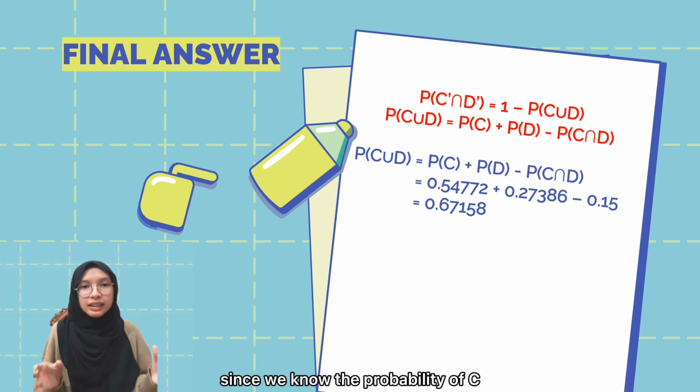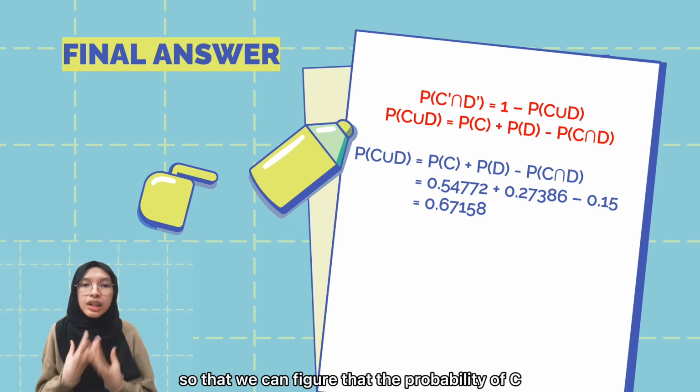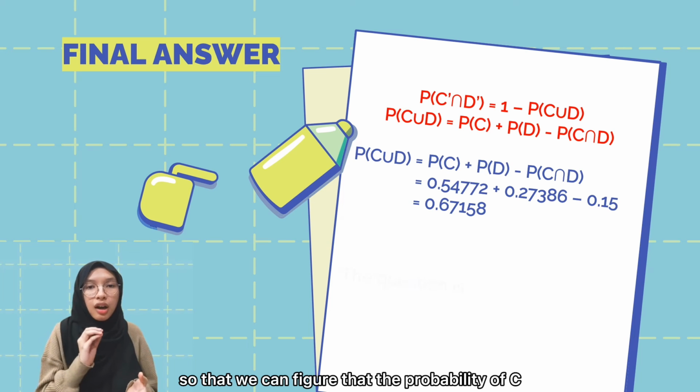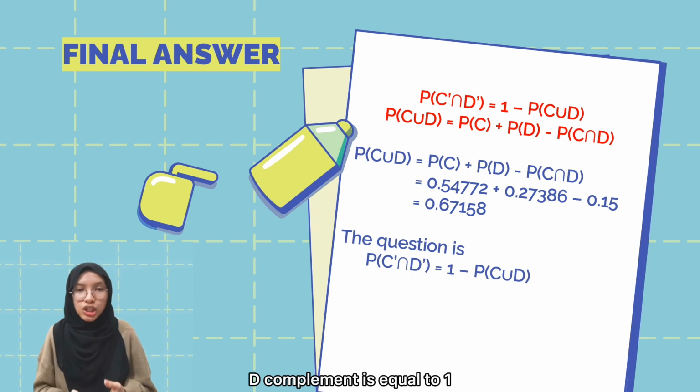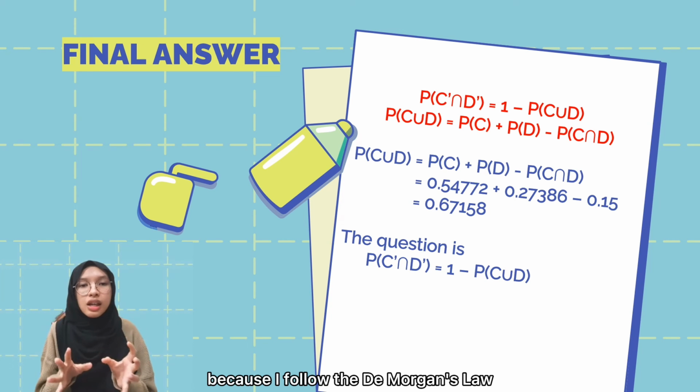We are almost done. Since we know the events C complement and D complement, the probability of C complement intersection D complement is equal to 1 minus the probability of C union D, because I follow De Morgan's law.